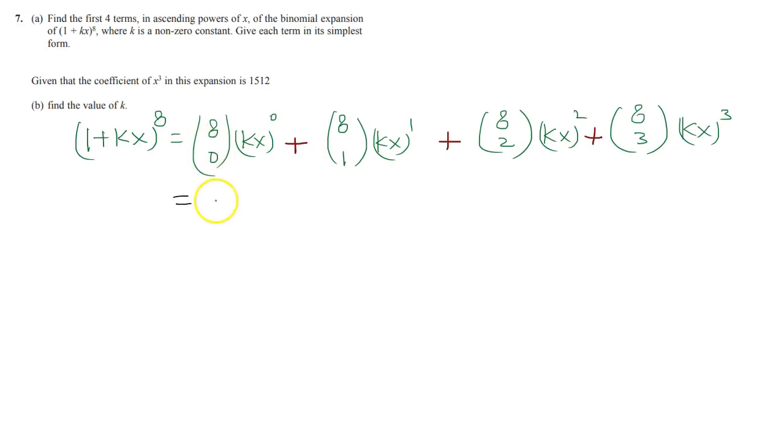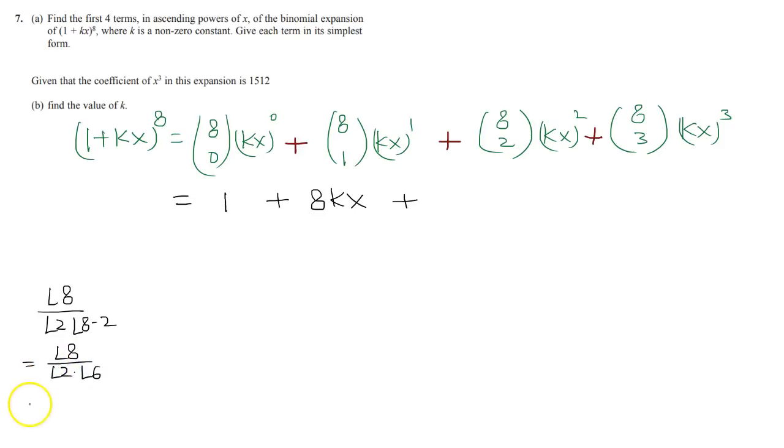8C0 is 1, k to the power 0, x to the power 0 is 1, plus 8C1 is 8kx, plus 8C2. If you want to know how to calculate it, this is factorial 8 over factorial 2 factorial 8 minus 2. So that is factorial 8 over factorial 2 factorial 6.